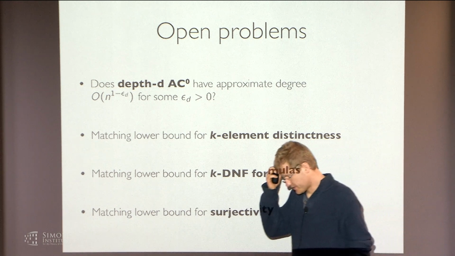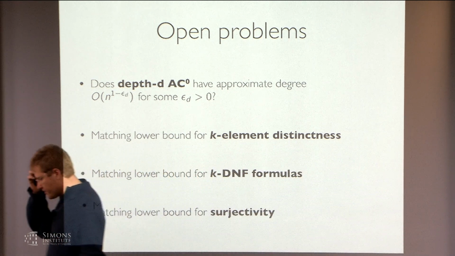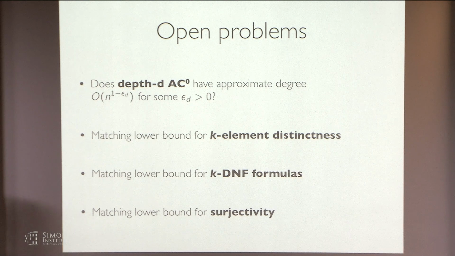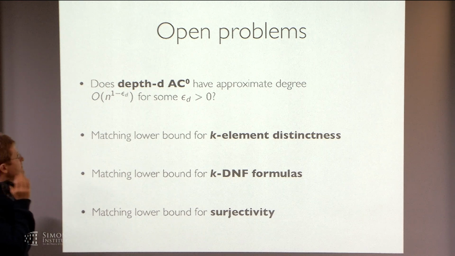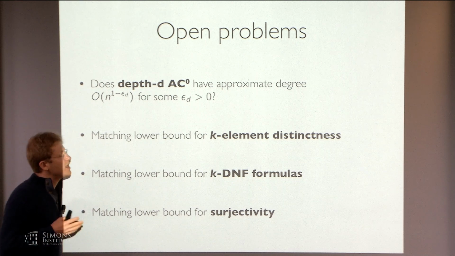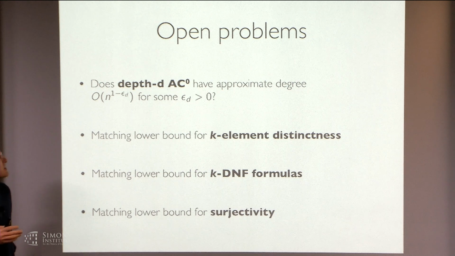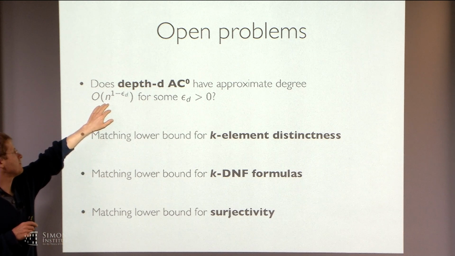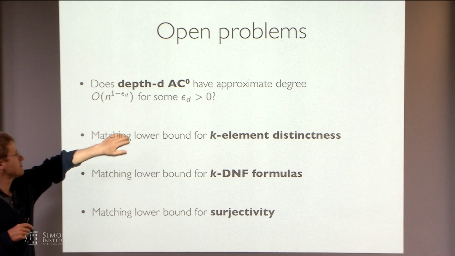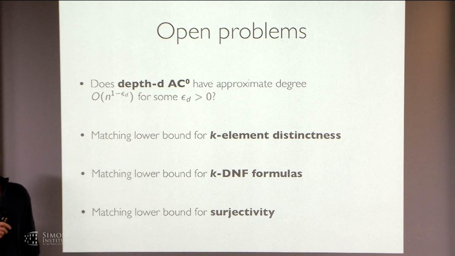Okay, so now let me get to the open problems. The most compelling open problem that arises naturally from this work is whether every function in depth 2 AC0 has approximate degree bounded away from n. So approximate degree of n to the 1 minus epsilon d for some positive epsilon sub d.